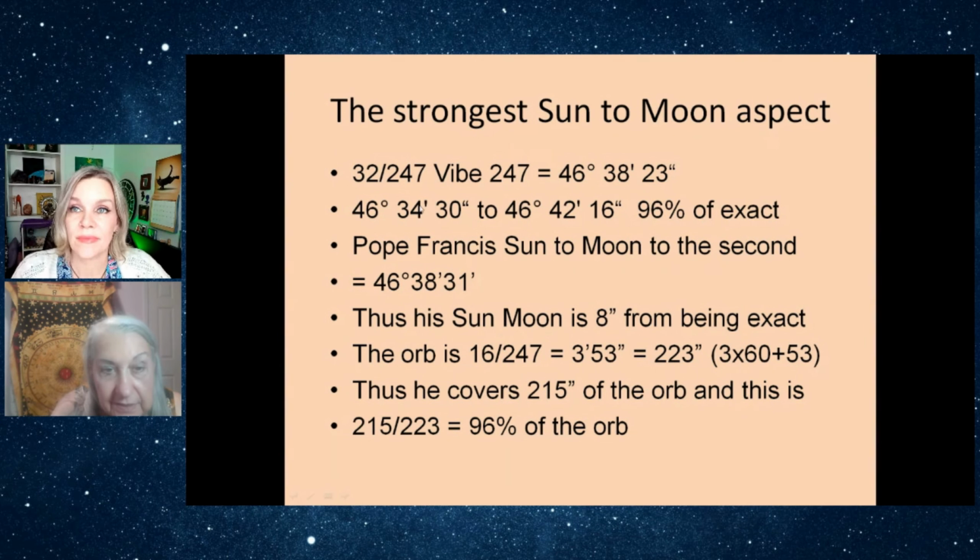Now, his is right in the middle of that, 38 minutes and 31 seconds, which is very close to the exact aspect of 38 minutes and 23 seconds. Here's 38 minutes 31, 38 minutes 23. That's just 8 seconds, excuse me.